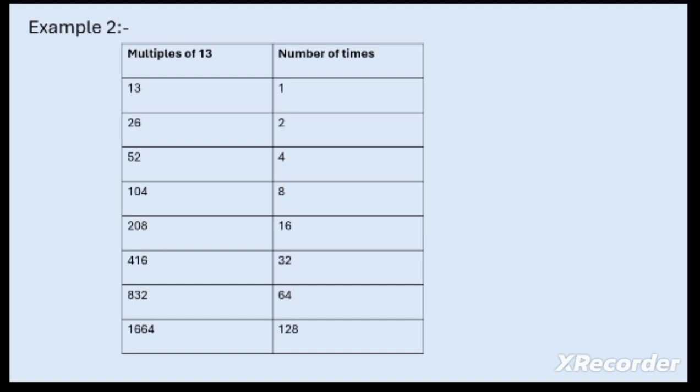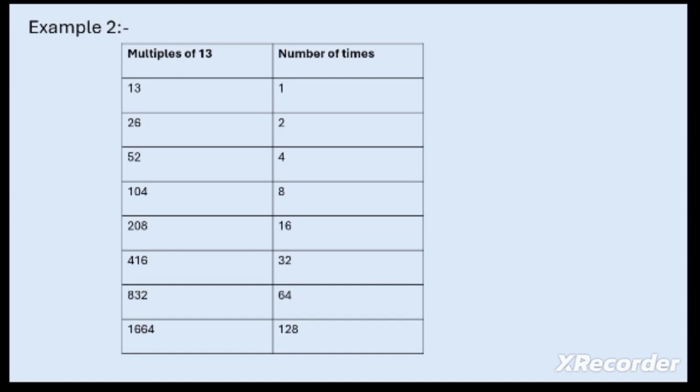And the double of 26 is 52, whereas the double of 2 is 4. So 13 4s are 52. Double of 52 is 104 and the double of 4 is 8. So 13 8s are 104.